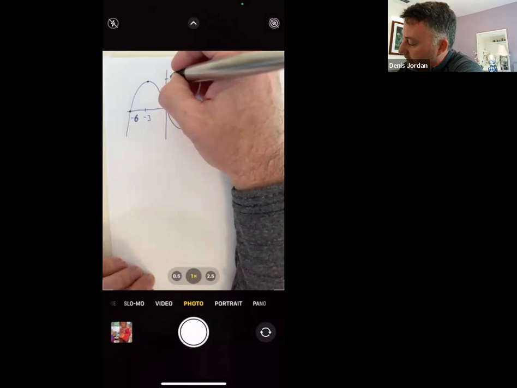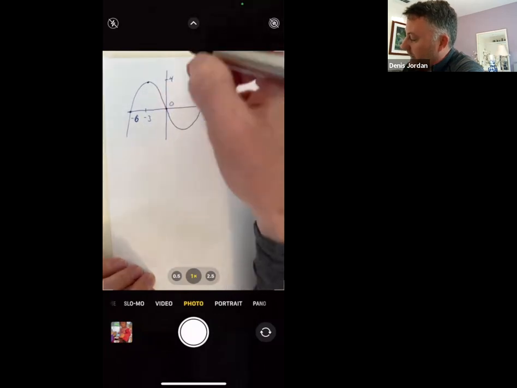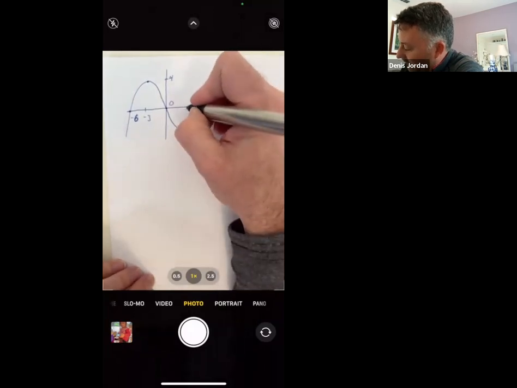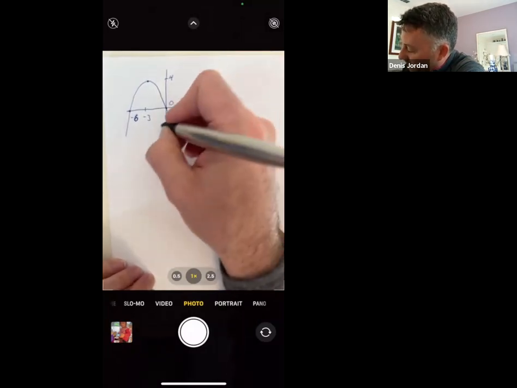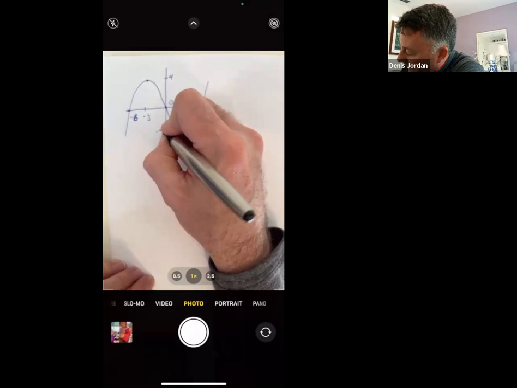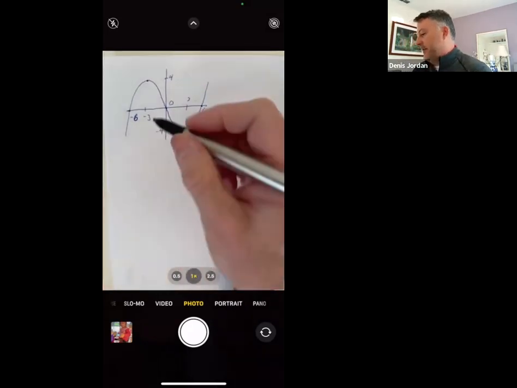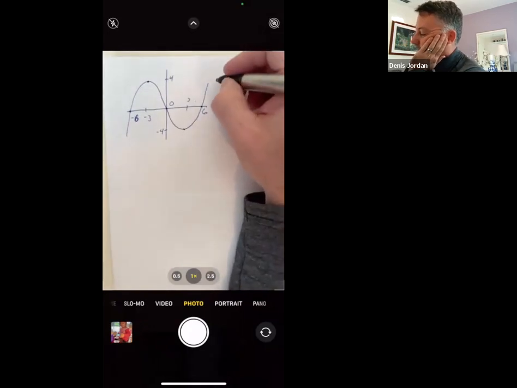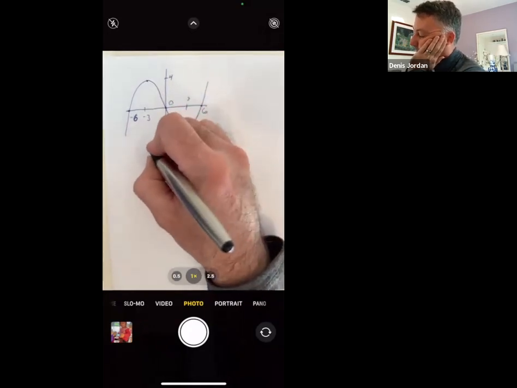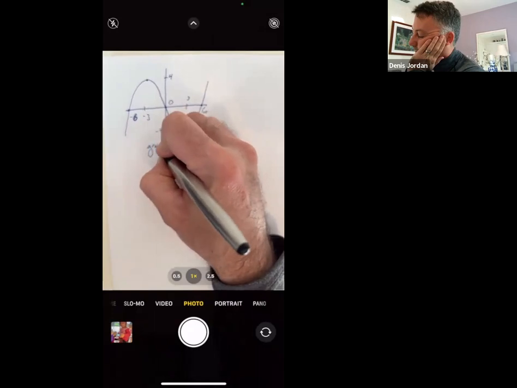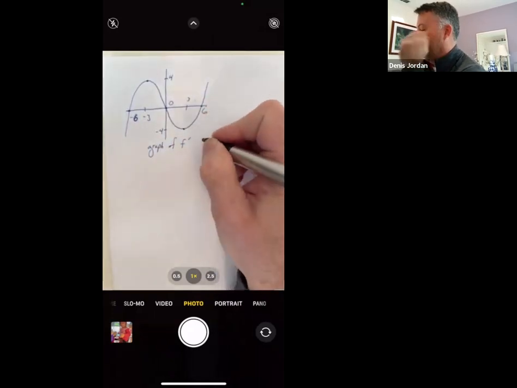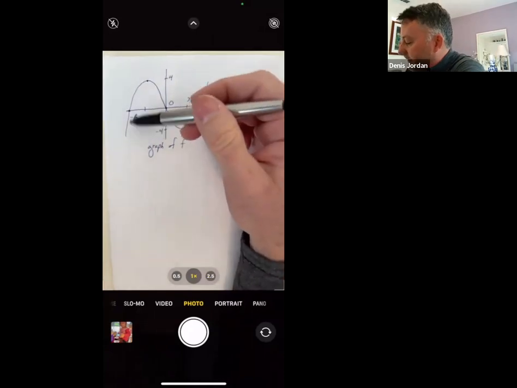And we'll make that y value 4. And then same thing down here, we'll make that a +3, and down there at -4, so kind of nice and symmetrical. And this will be the graph of f prime. So this is the graph of the derivative.